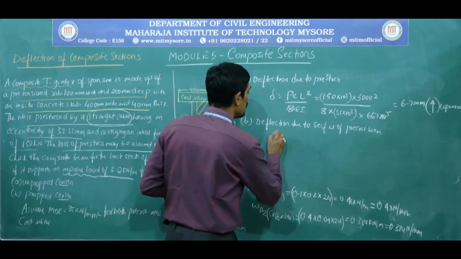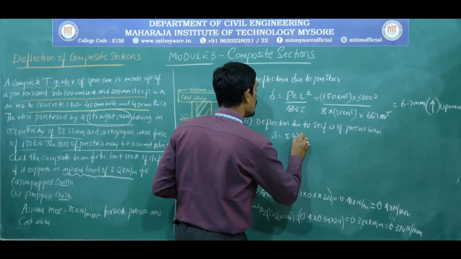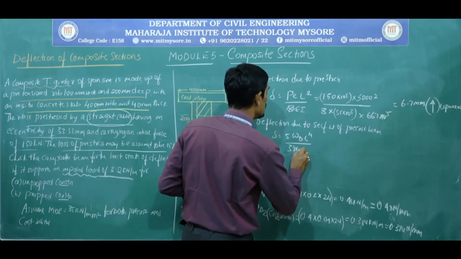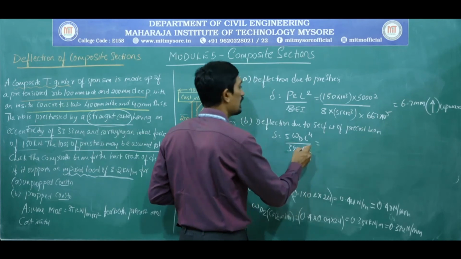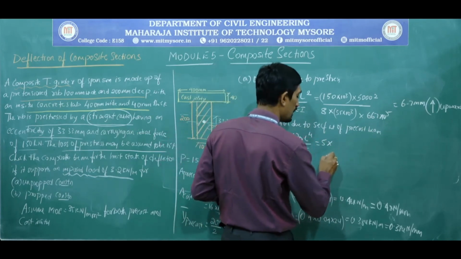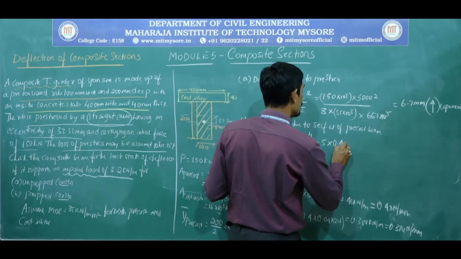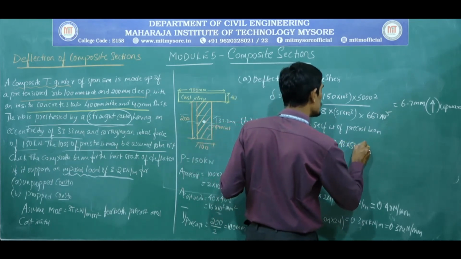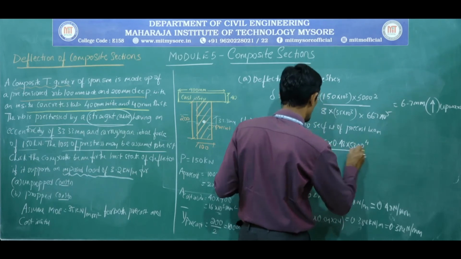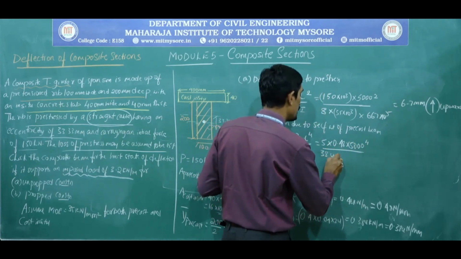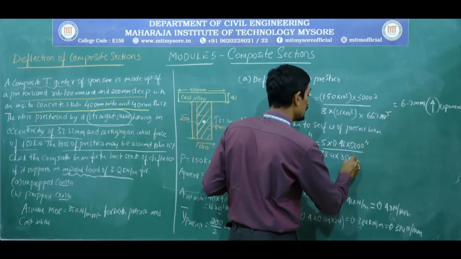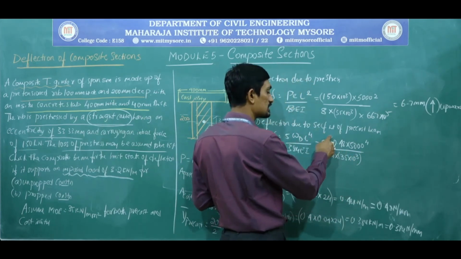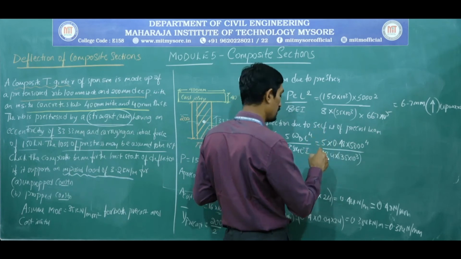So hence the formula will be 5 w L to the power of 4 divided by 384 EI. Once again substitute it properly. 5 into 0.48 Newton per millimeter, 5000 to the power of 4 divided by 384 into 35 into 10 to the power of 3. Why? Because this is in Newton per millimeter.